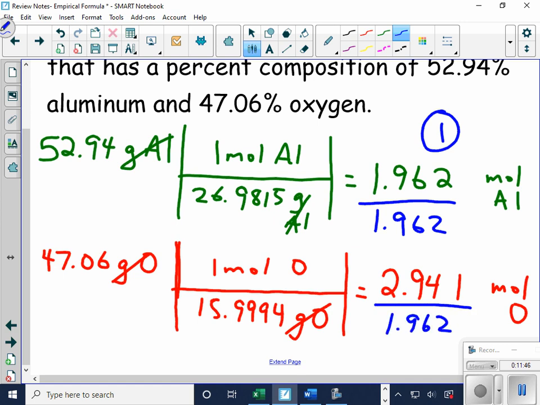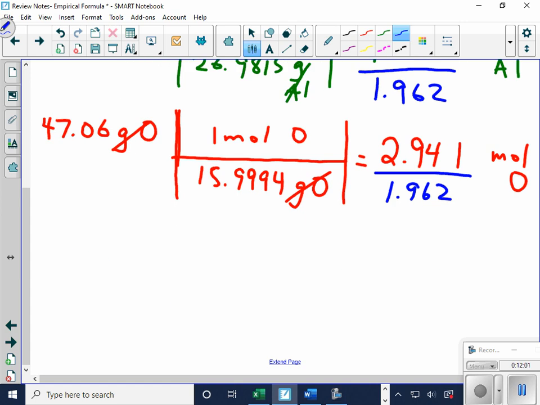And when I divide 2.941 by 1.962, it's going to give me a value of 1.498.